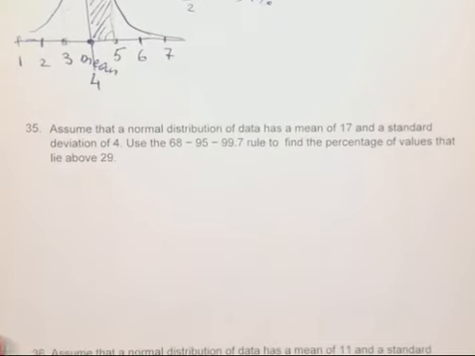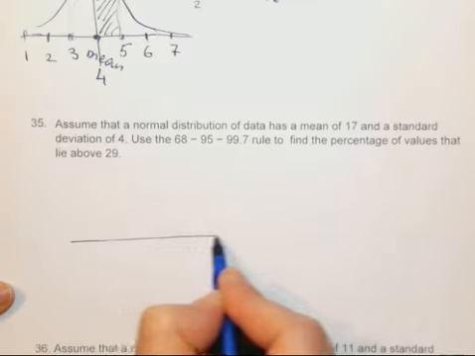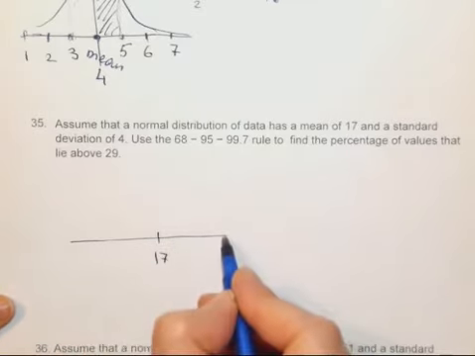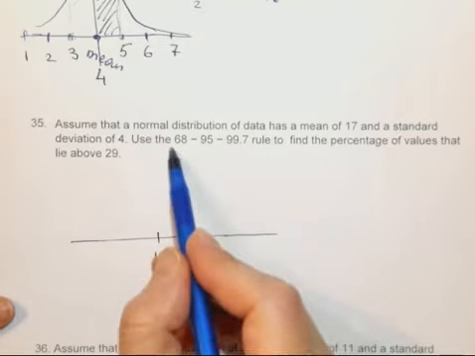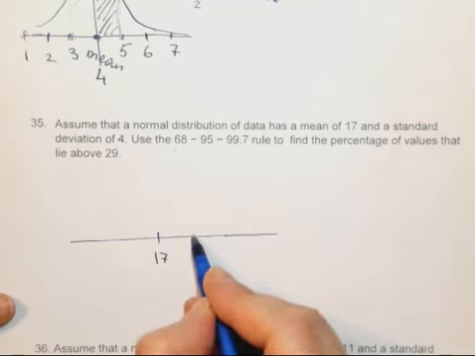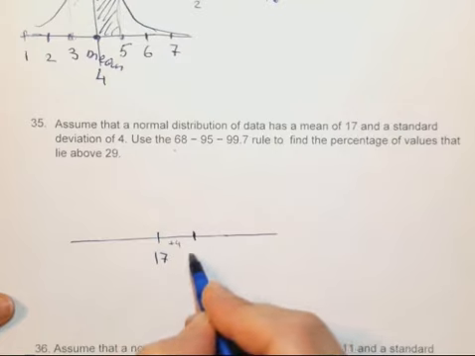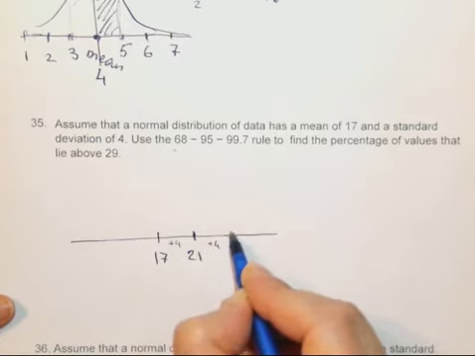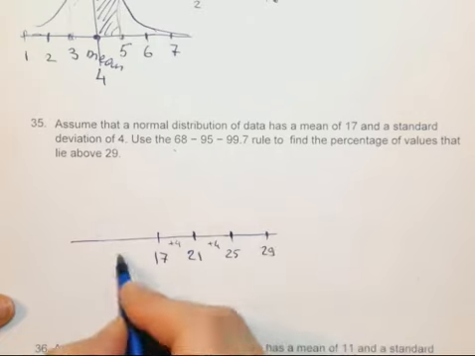In the next example, the normal distribution has a mean of 17 and standard deviation 4. So it means that, let us add 4 plus 4 will be 21, plus another 4, 25, plus another 4, 29.